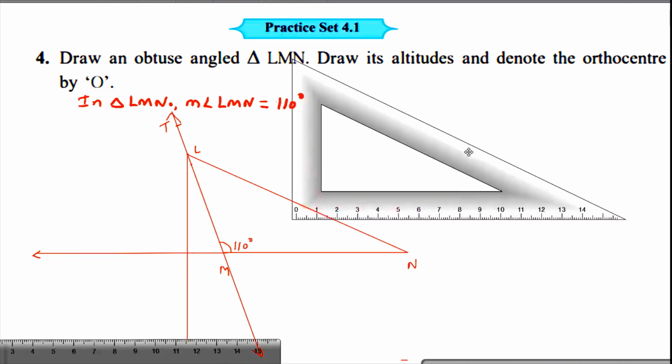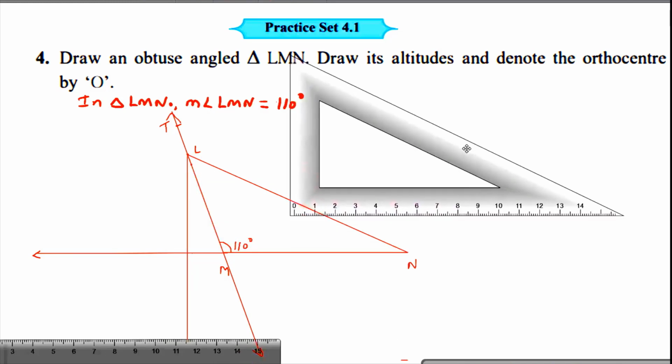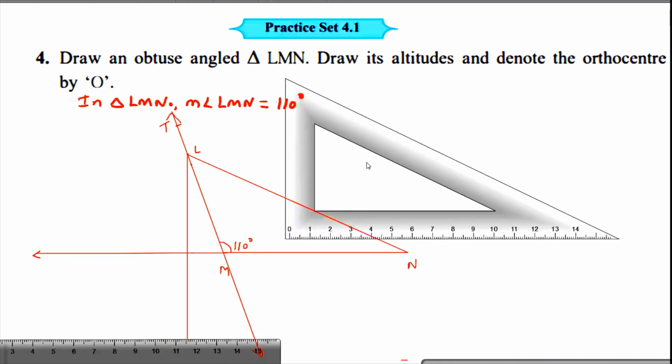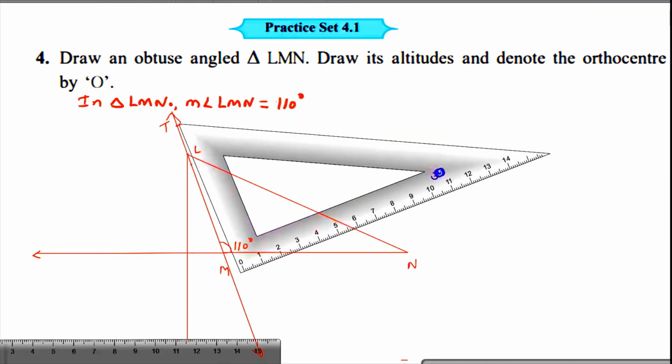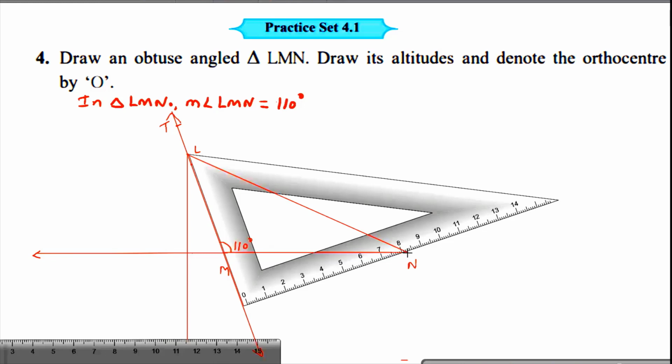Then again draw the altitude from the vertex N to its opposite side LM using the set square. Put the set square on the side LM as shown here. Draw the altitude from vertex N to the opposite side LM and extend it.